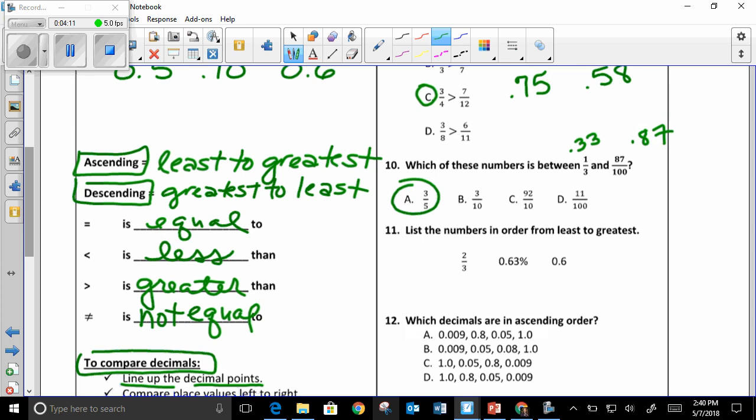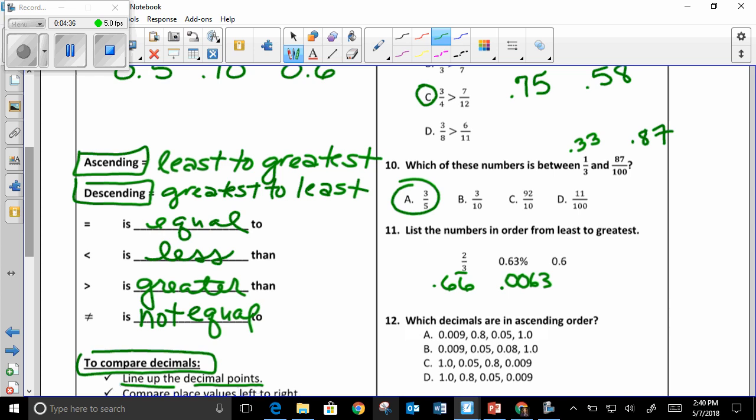All right, list the numbers in order from least to greatest. First, 2/3. You should have 0.66 repeating. 0.63 of a percent is 0.0063. Remember, it's a percent. So to change it to a decimal, you've got to move it two places to the left.